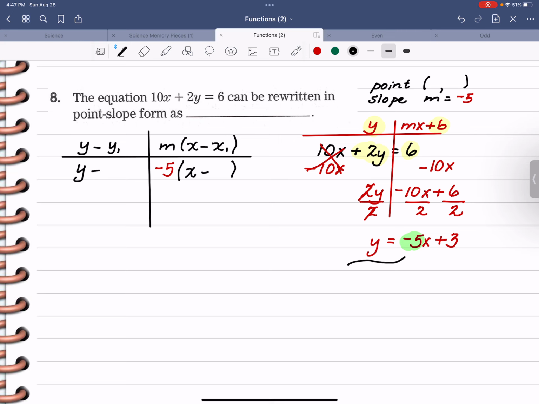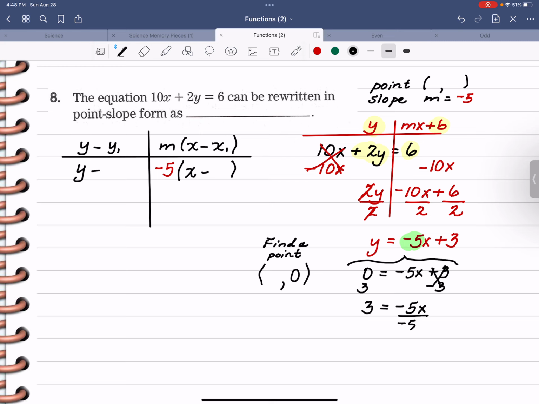So I'm going to use this formula to find a point. You could use either of them, it doesn't matter, but I like this one. So I'm going to let y be 0 and figure out what x will be. So I'm going to move the 3 to this side, and I have 3 equals negative 5x.